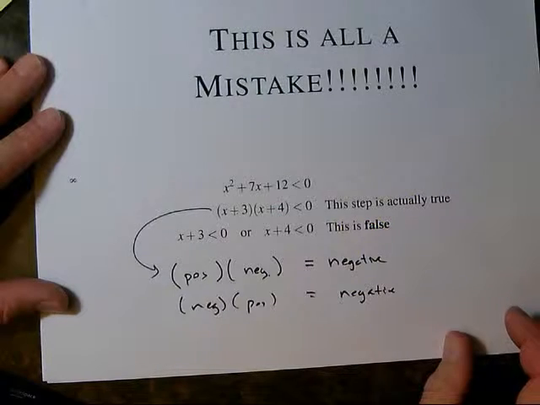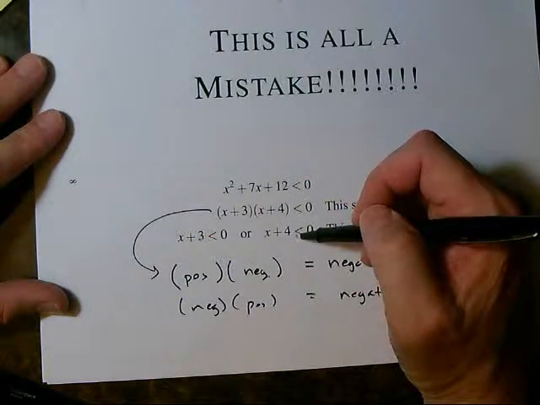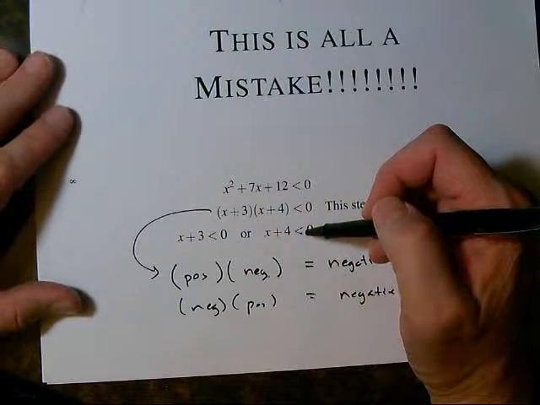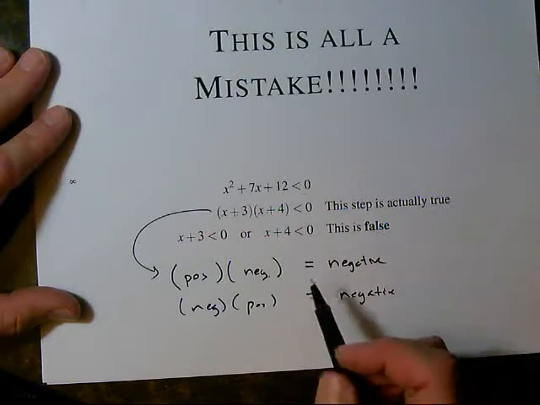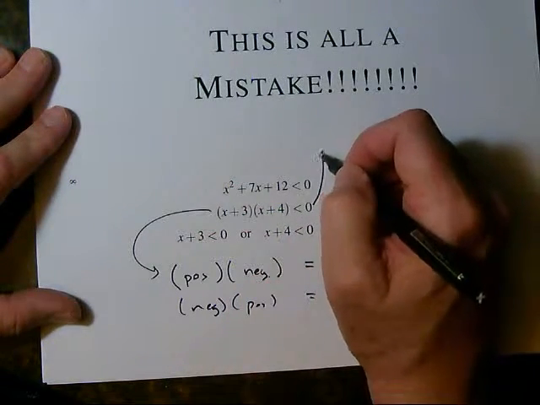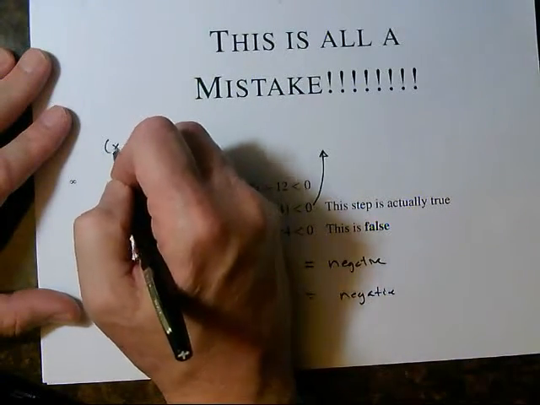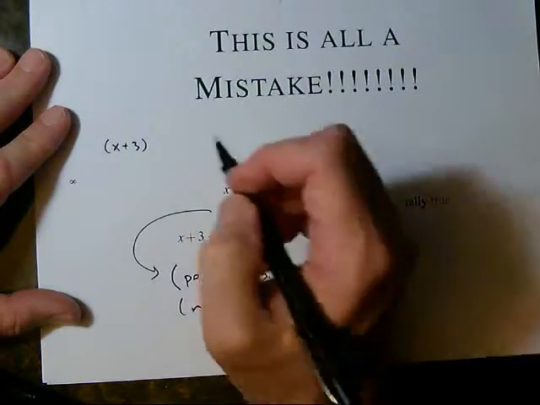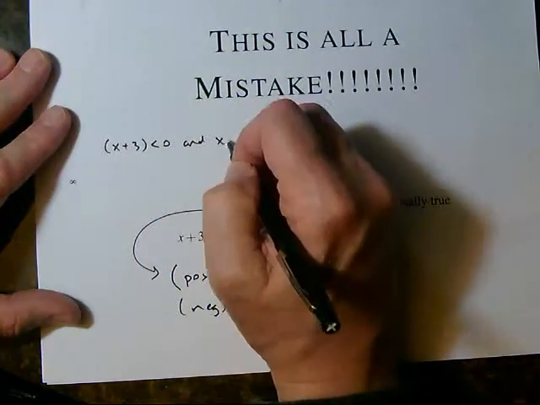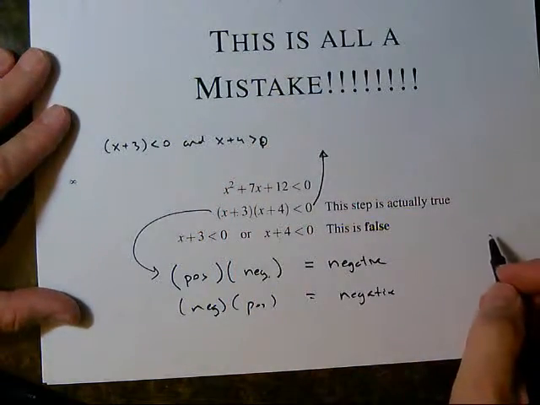There is a way to write this down, and I'll try to do it up here. And I hope to convince you that it's so complicated that only people who are incredibly crazy would want to attempt to do it. If you go from this correct step, you can say that x plus 3 is negative and x plus 4 is positive, so it's bigger than 0.